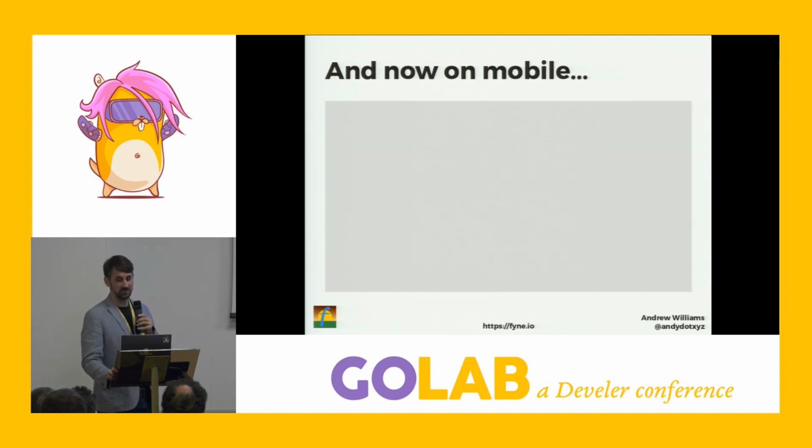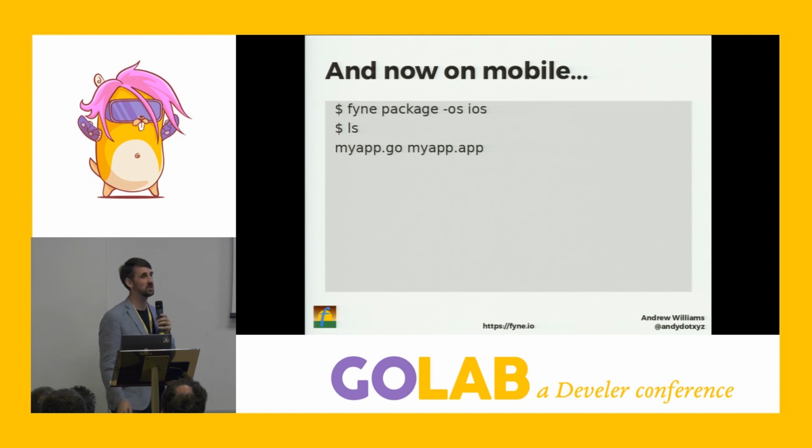And now mobile. There's not really any surprises here except for the fact that there aren't any surprises here. Is it sometimes a bit of a surprise? So if I want to target iOS, it's going to create a frustratingly similar looking but entirely different application folder that you could drop into your iPhone or iPhone simulator.